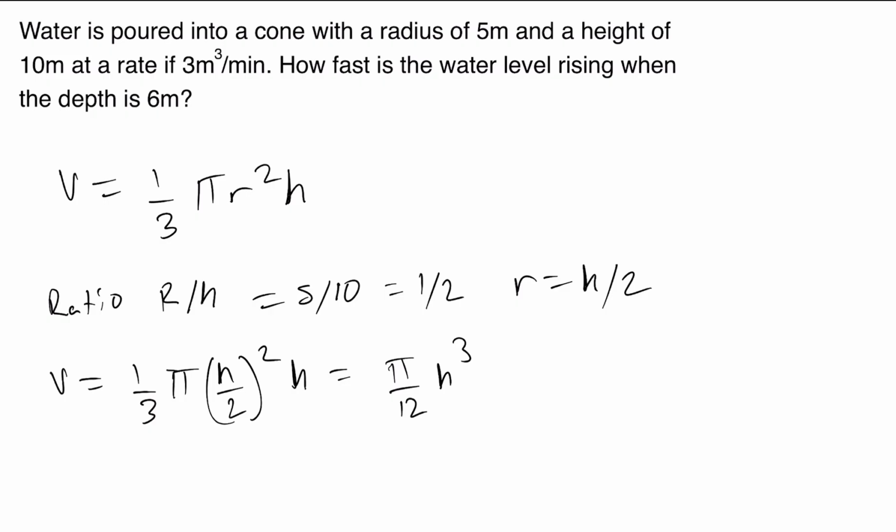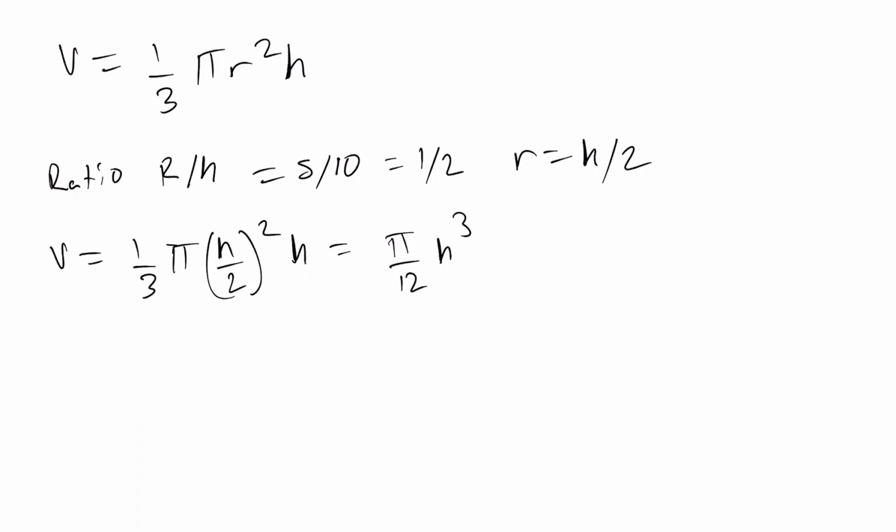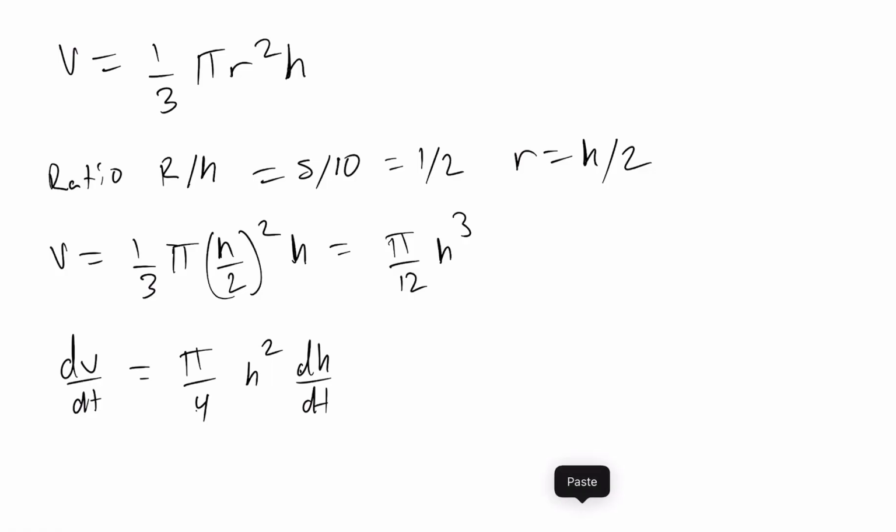And then next we can differentiate, or we can find the derivative. So dV over dt is going to be equal to pi over 4 h squared dh over dt. And then lastly, we can plug in 3, which is our rate. So we'll get pi over 4 times 36 times dh over dt.